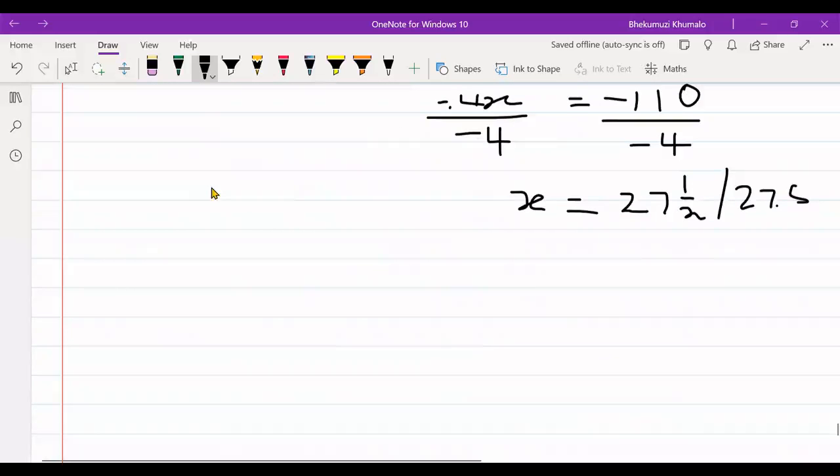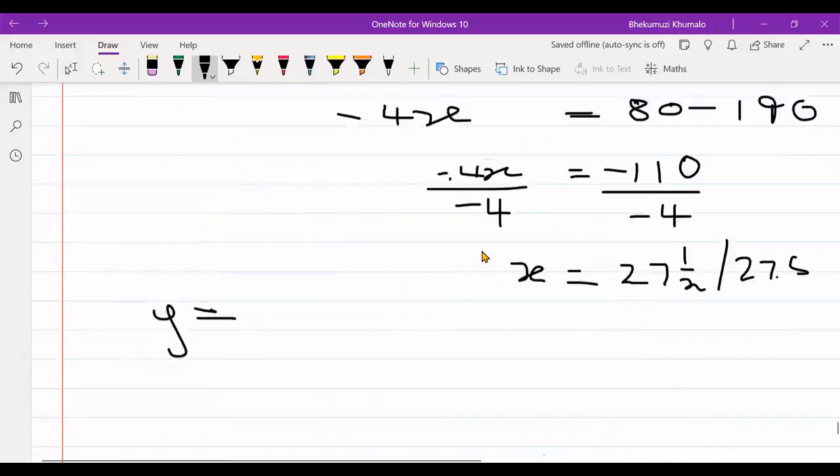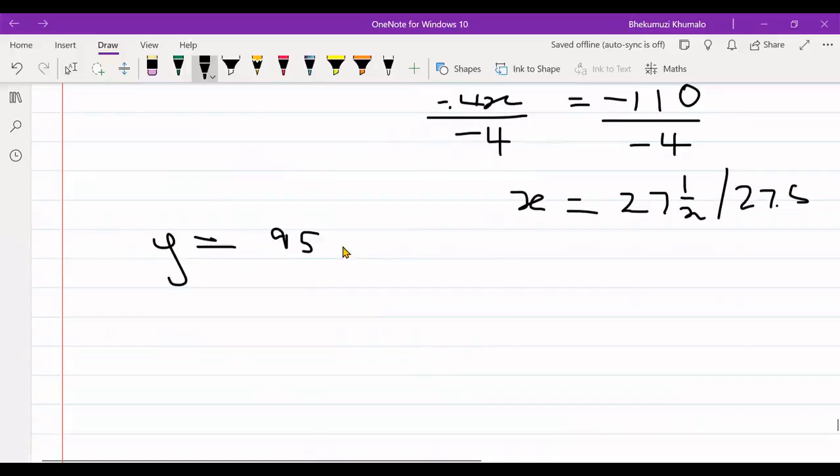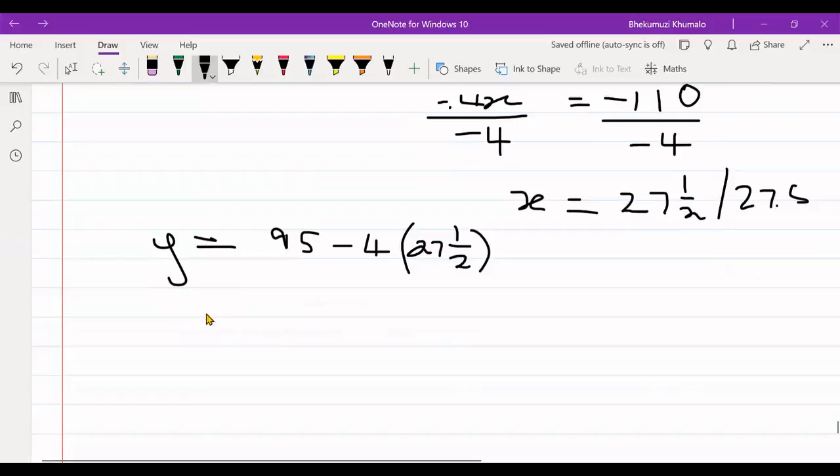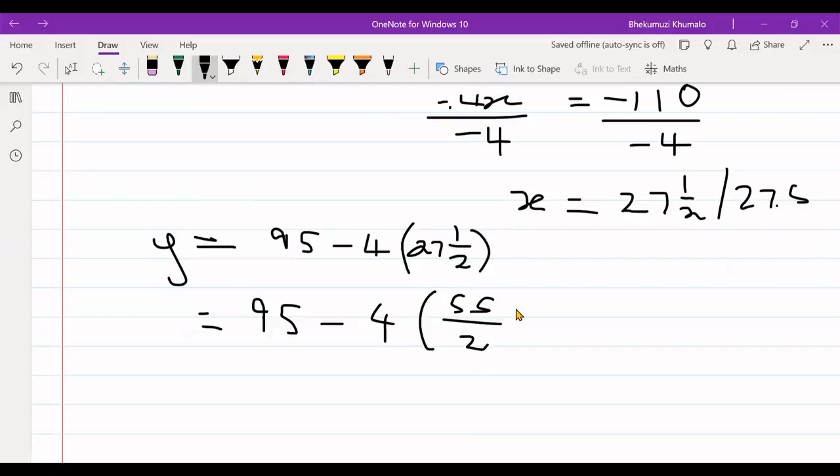Now for our y, we can just take equation 3. So it was actually 95 minus 4 times our x, which was 27 and a half. And 27 and a half as a mixed fraction would be 55 over 2, right? So it's 95 minus 4 times 55 over 2.